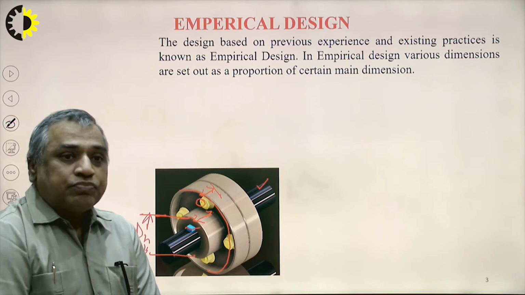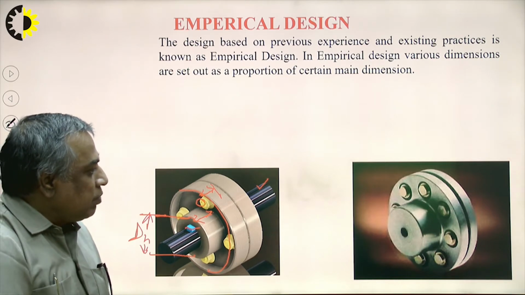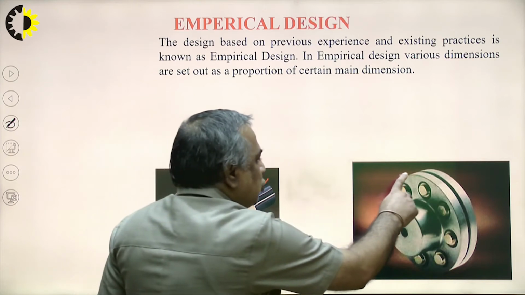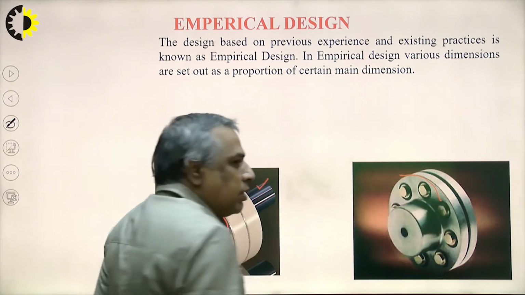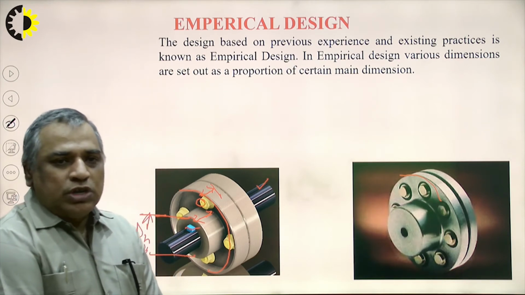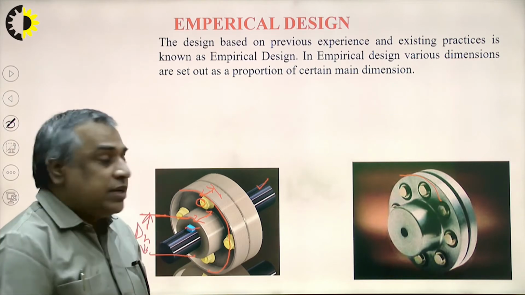So this is empirical design. Another example is the plain rigid flange coupling. This does not have the rim at this portion. There is no rim. These are simple flanges put together, held with the help of the bolts, and they connect the driving and driven shafts.